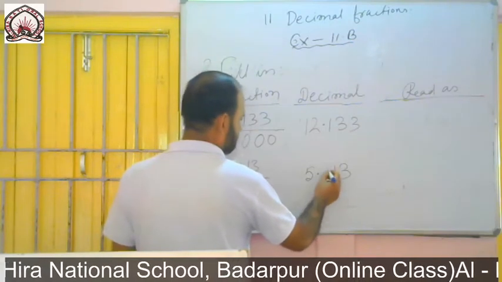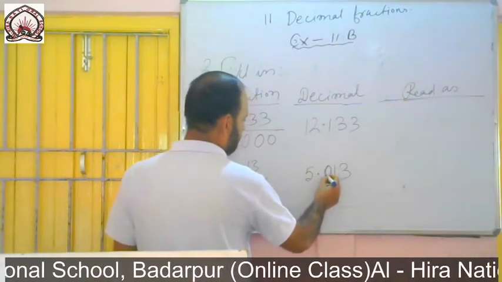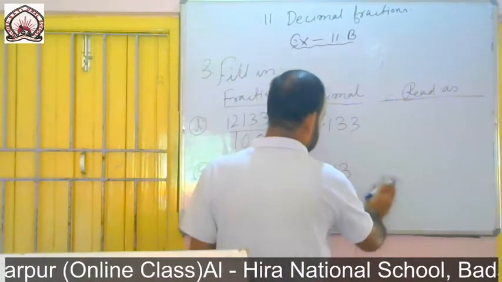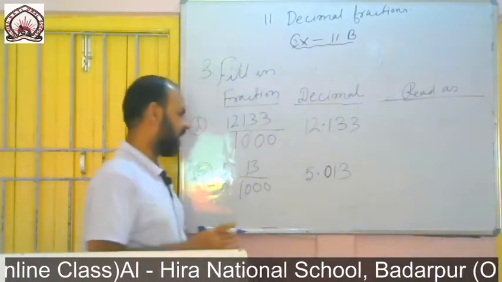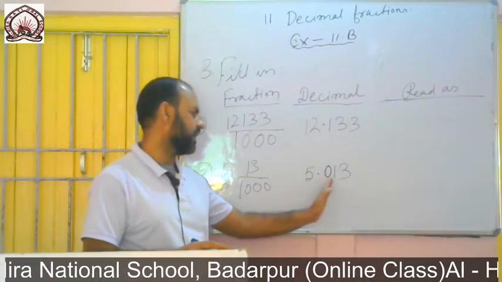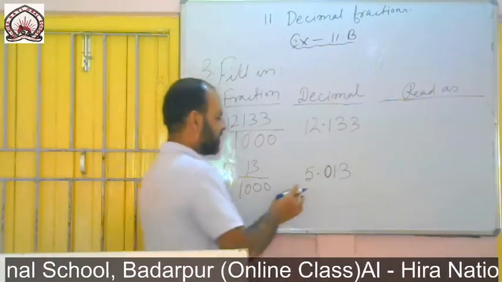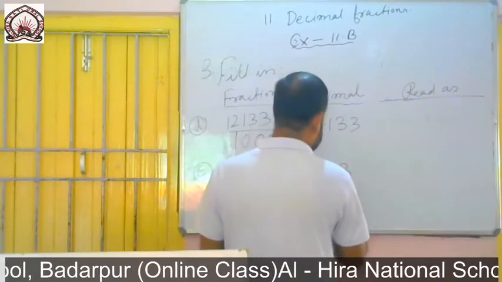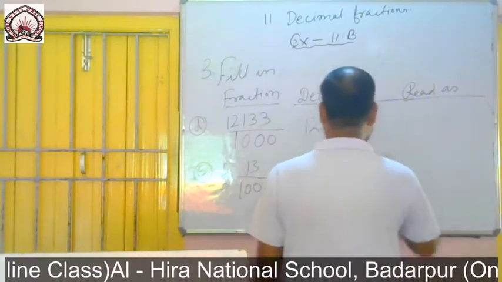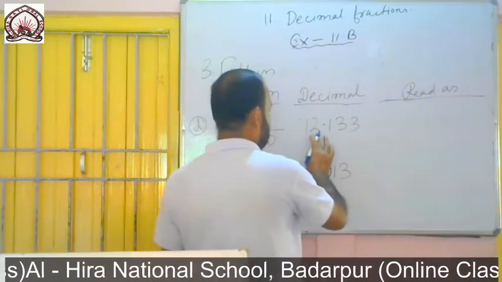So we add a 0 on the left side of 13. Why do we add this 0? Because we need 3 digits after the point, but there are only 2. If we give the 0 on the right side, then it is wrong. We give it right after the point, before 13. That means the answer is 5.013.